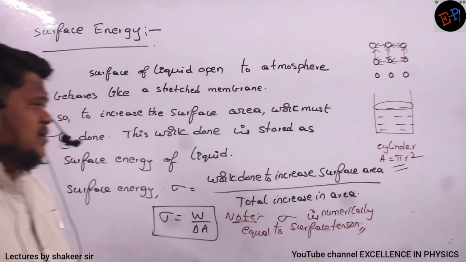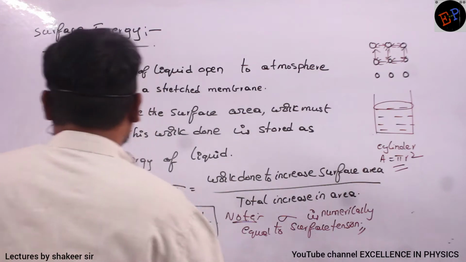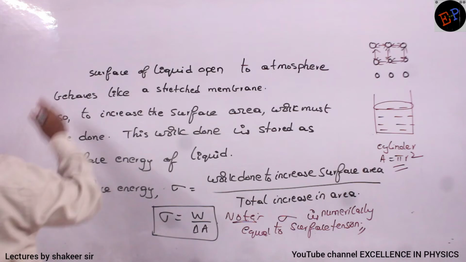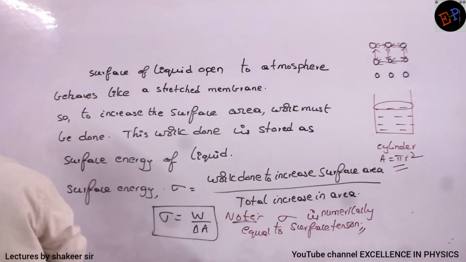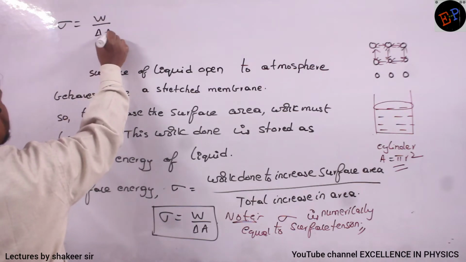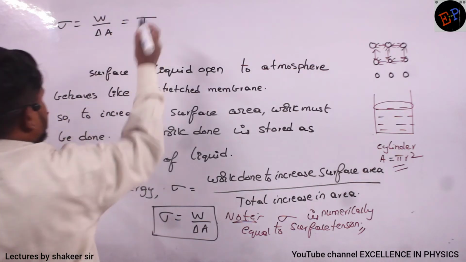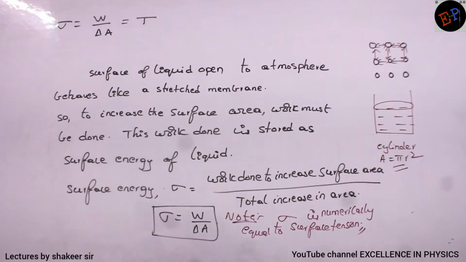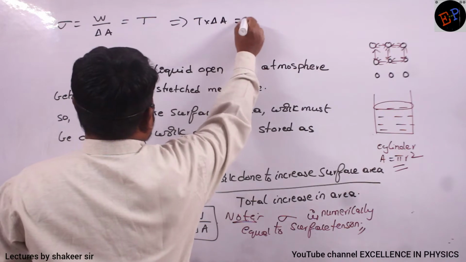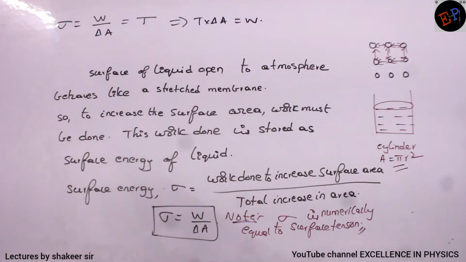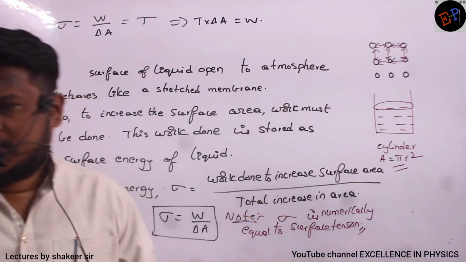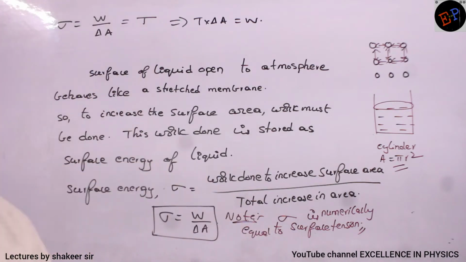So I can write the equation: sigma is equal to work done per change in area, which equals surface tension. Or you can write T into delta A is nothing but work done. The proof is there, but I don't think it is necessary. We will do some problems on this.